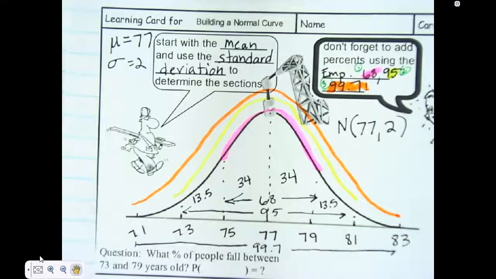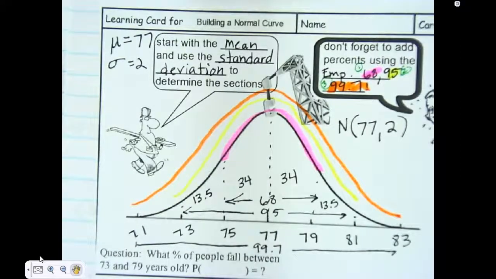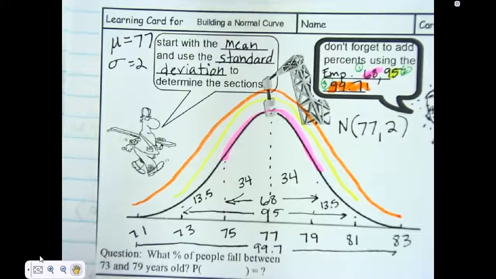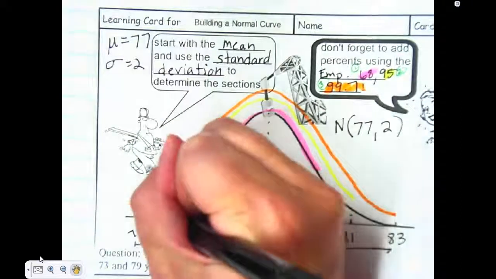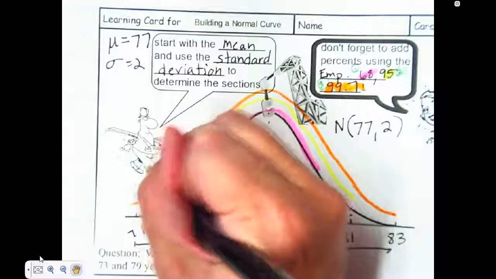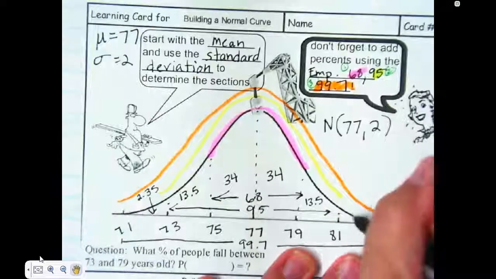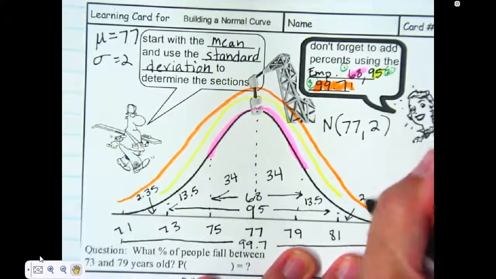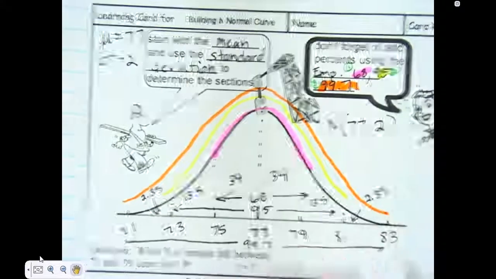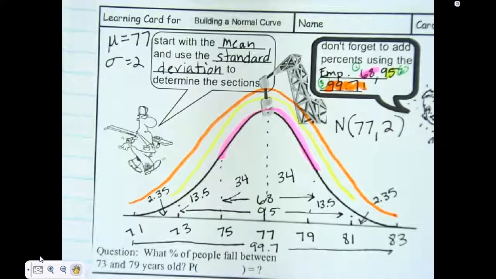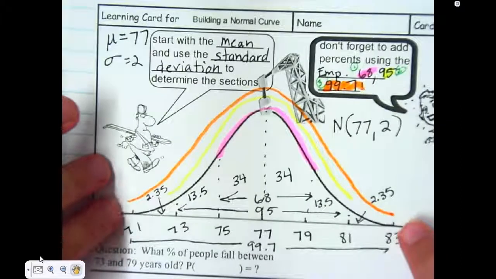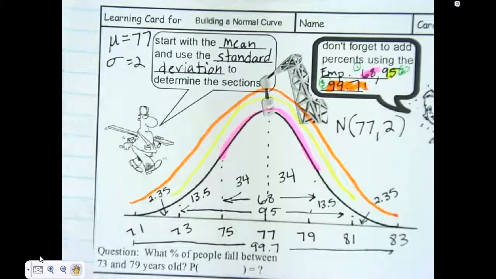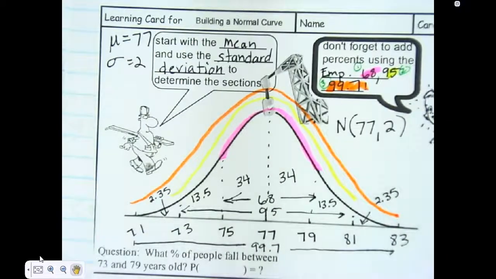To get those little numbers, you can take the 99.7 minus the 95. Since it's symmetrical, you divide it by 2. So here I'm going to have 2.35, and here is also going to be 2.35. And generally the curve ends there. If I wanted to, I could put the little 0.15s out there. That would be the 0.3 divided by 2.